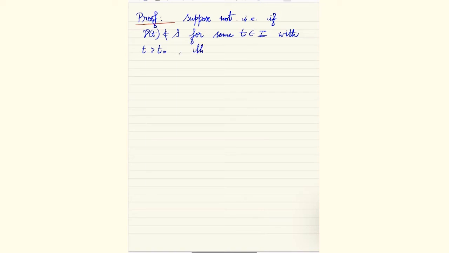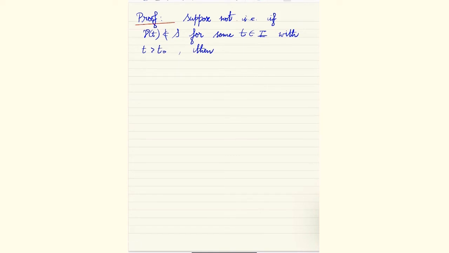Then the set of t in I, such that t is greater than t naught and gamma t does not lie on the surface, is non-empty, and it is bounded below, of course, by t naught. So you can look at the infimum.